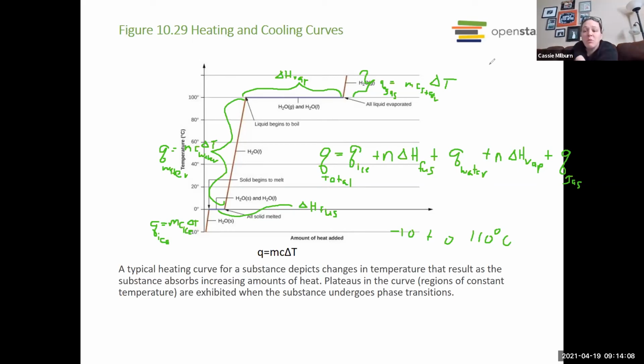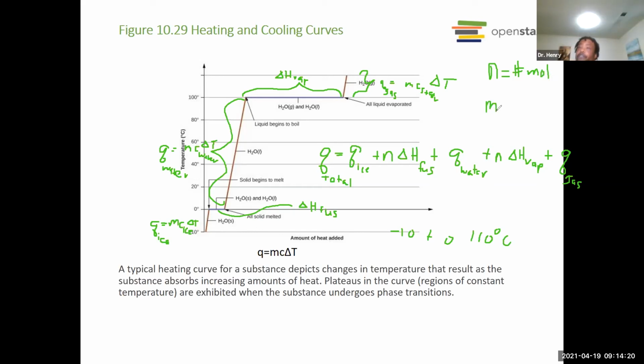Because I remember M. I remember the MCAT. Yep. Number of moles. Is that for that specific part? No, it would be for the entire system. So if you're talking about water, it's the number of moles of water you have. And then M equals the mass of the water.